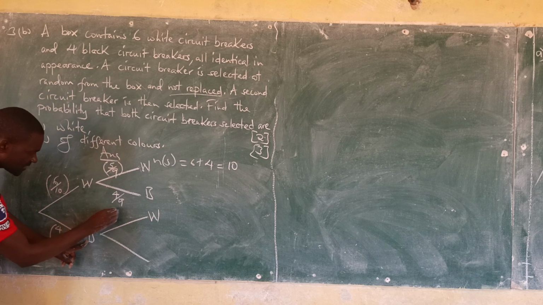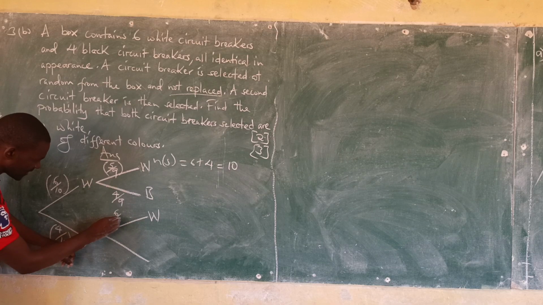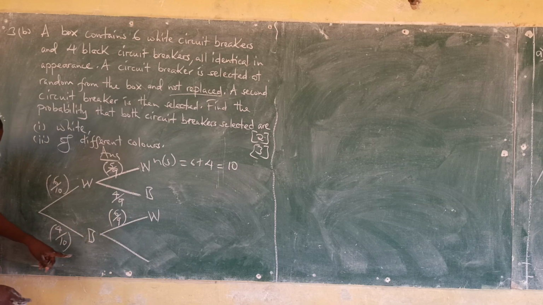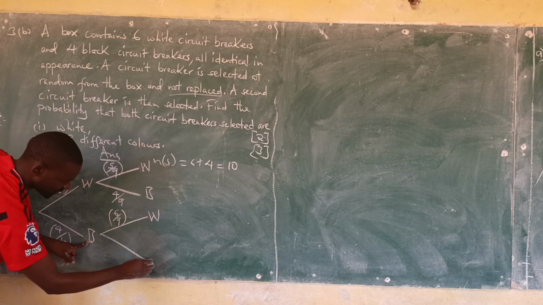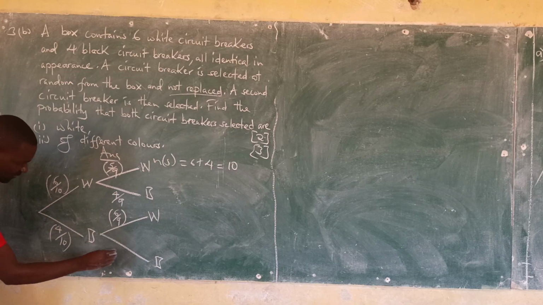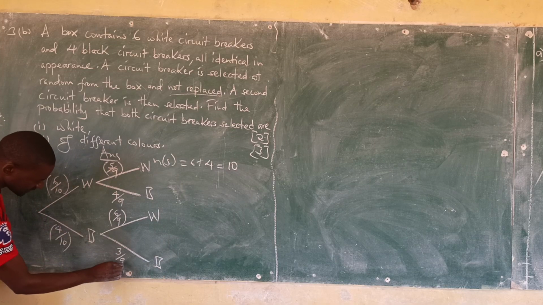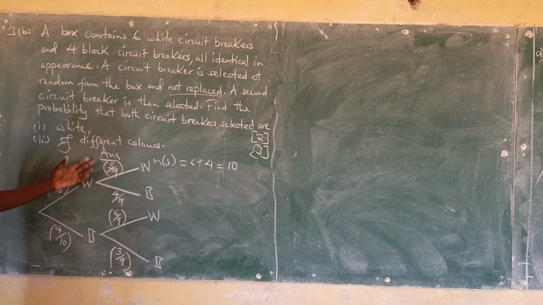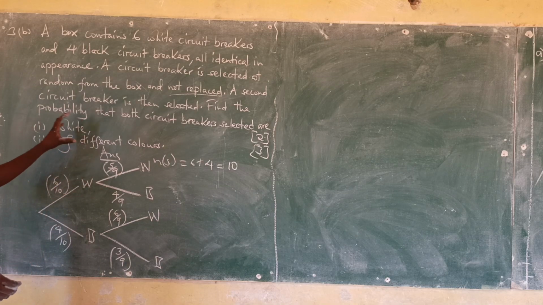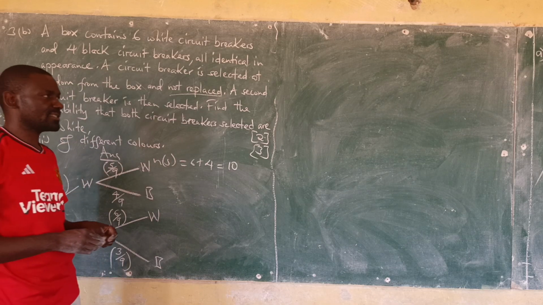So we'll say 6 out of 9. And if we pick the first one as black, the probability that the second one will also be black will now be 3 out of 9. So using this tree diagram, we can answer those 2 questions.